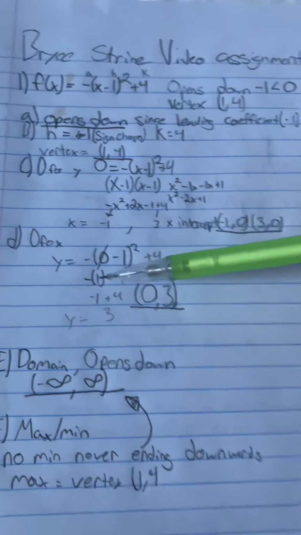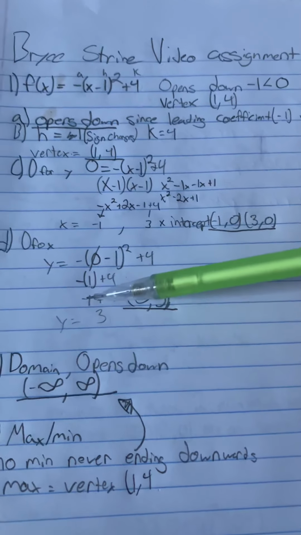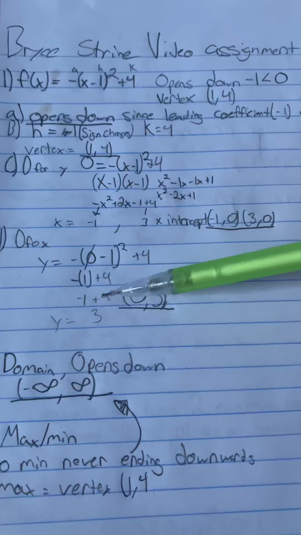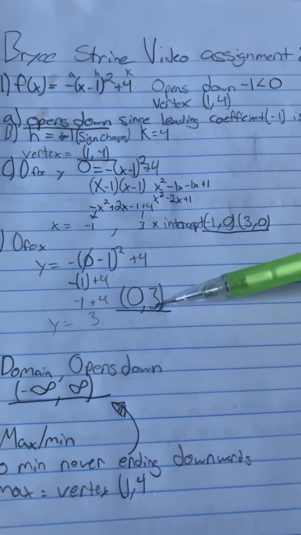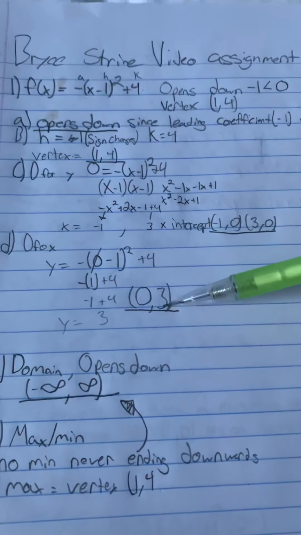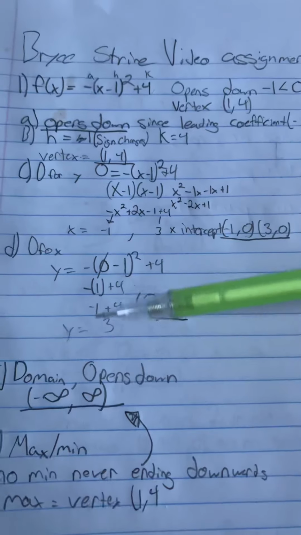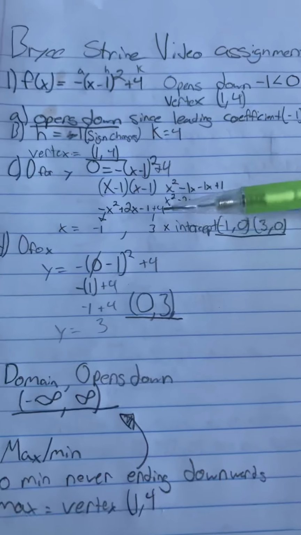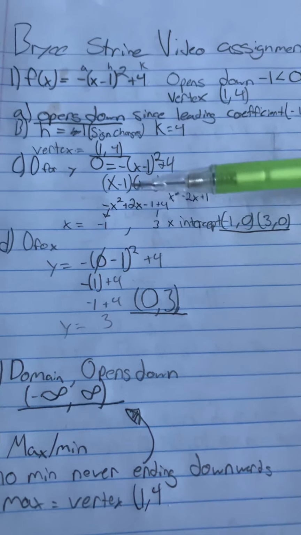And then a positive 1 with the negative sign out front times a negative 1 is then a negative 1. Negative 1 plus 4 is a 3. So I came up with the y-intercept being a 3. And the reason I was able to take this one the whole way down to one number is because this is just a single intercept. This one did not break down to one single number because there are 2 intercepts here.